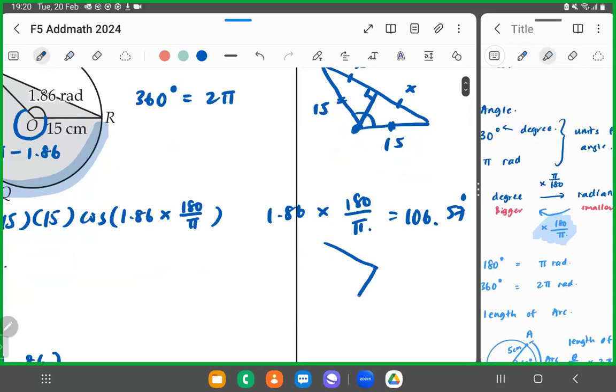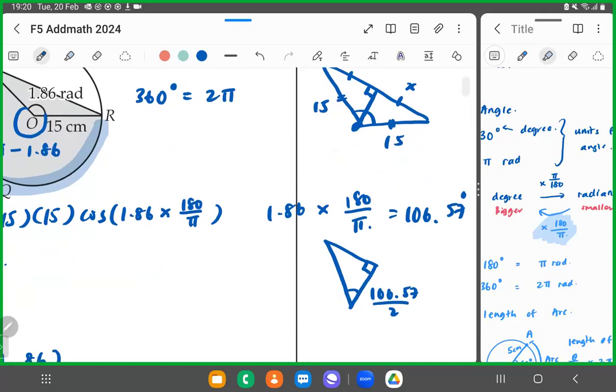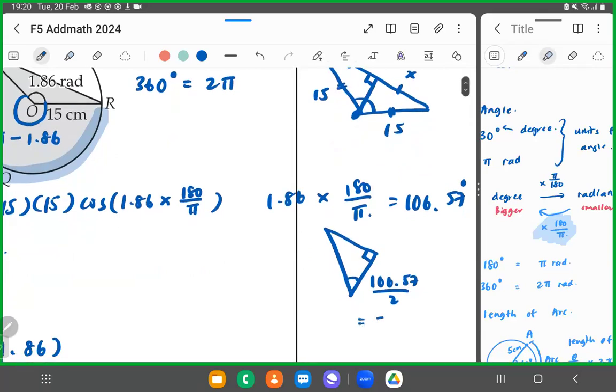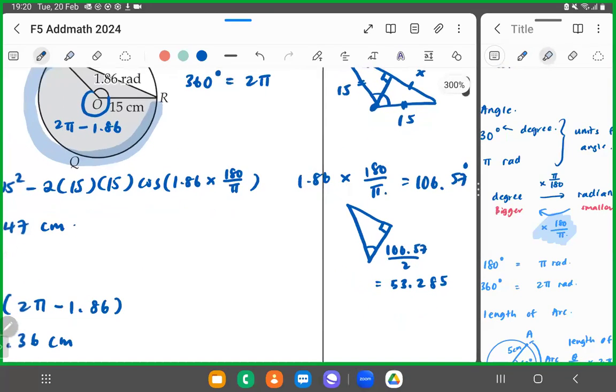So you have this triangle over here with 90 degrees, and this angle will be 106.57 divided by 2, which gives 53.285. And then this one is 15.